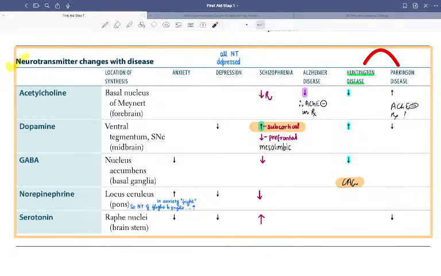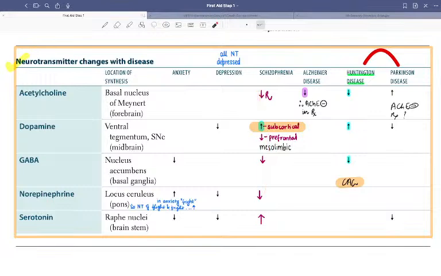Whenever you have high serotonin, there is sexual apathy and loss of libido and all that. So schizophrenia may also behave like that, like SSRI. So serotonin is high, and everything else is low.